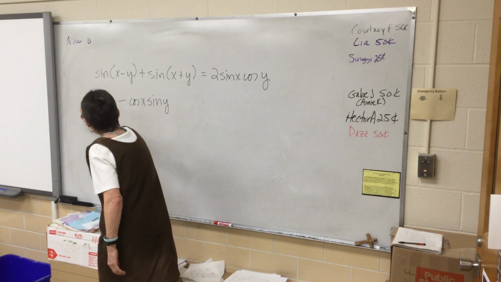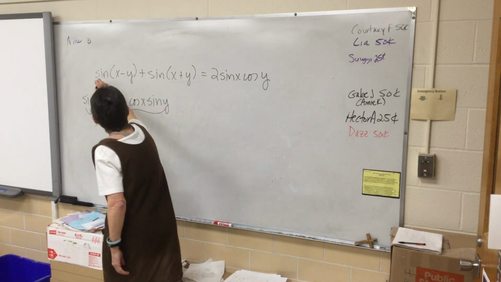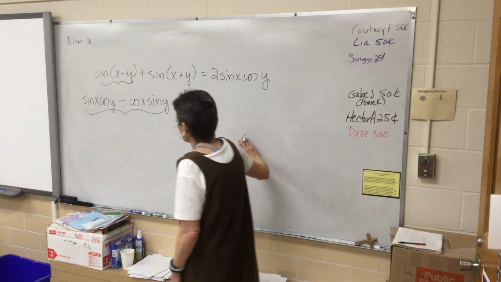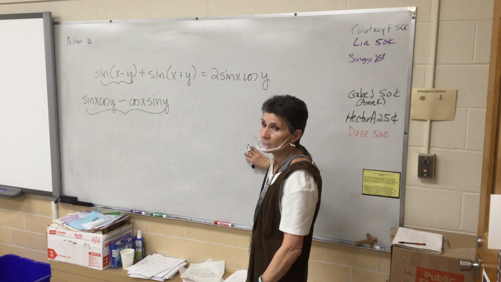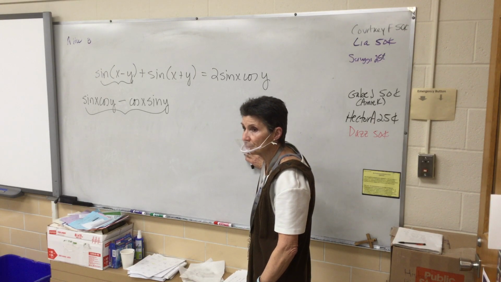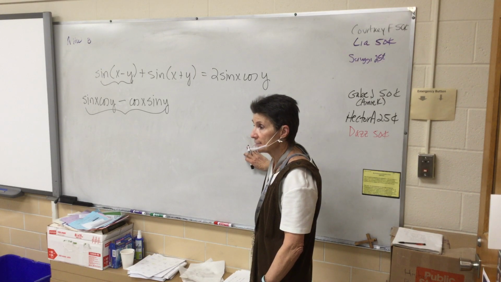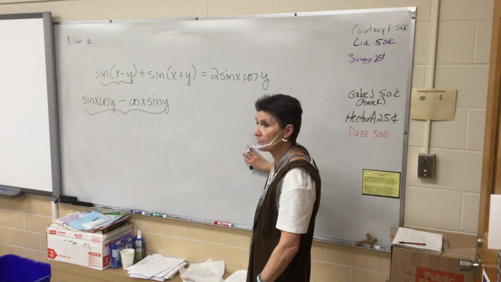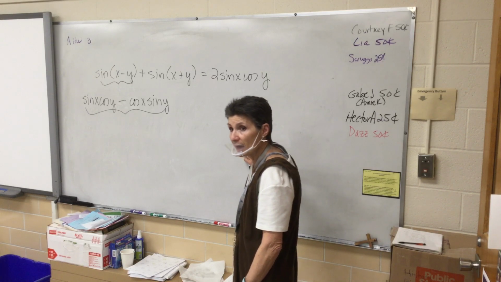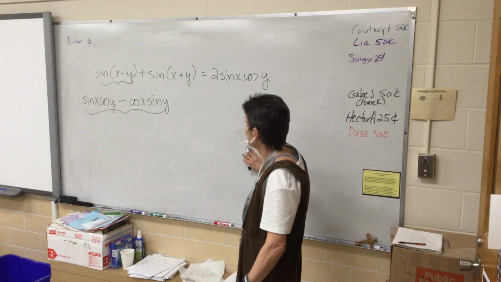So all of this is this. Does that make sense to everybody? It's easier for me because I have them memorized. You're trying to juggle back and forth between the paper, but it's cosine sine minus cosine sine.